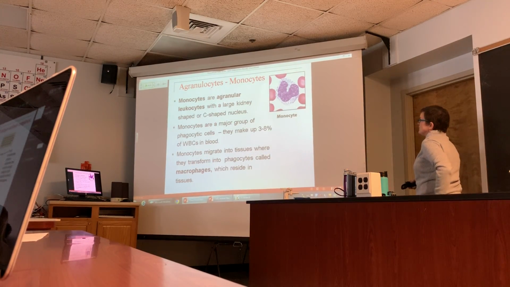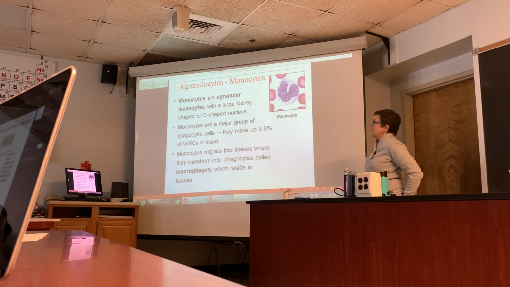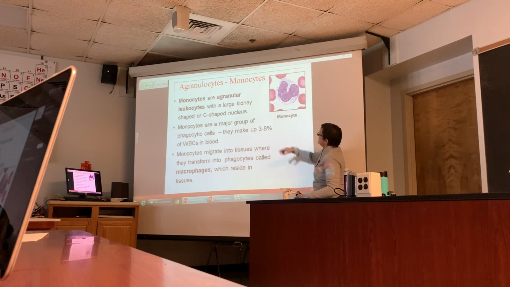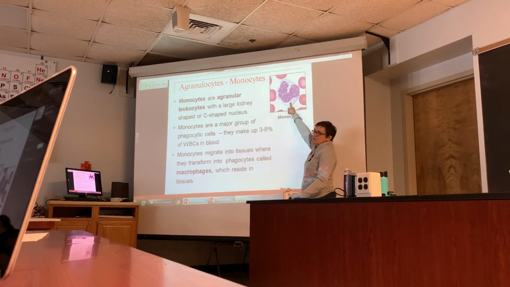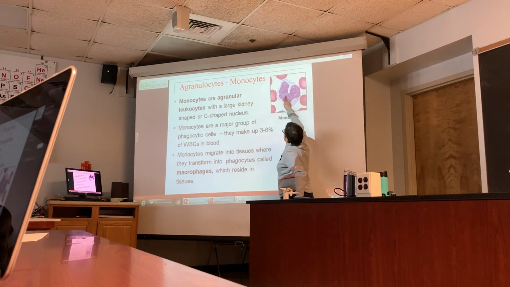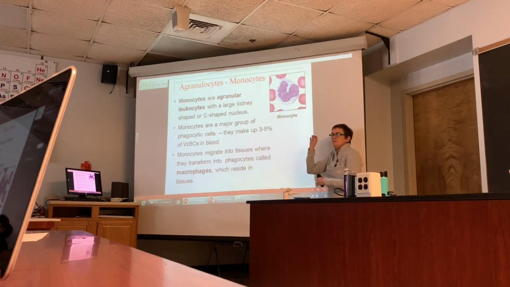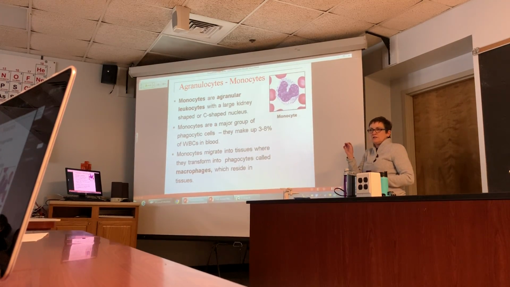Now, agranular leukocytes or agranulocytes, A meaning none, they don't have the granules in the cytoplasm. Monocytes have kind of a lavender, lilac colored cytoplasm, light purplish, I guess. And they have kind of a C-shaped or kidney bean shaped nucleus.